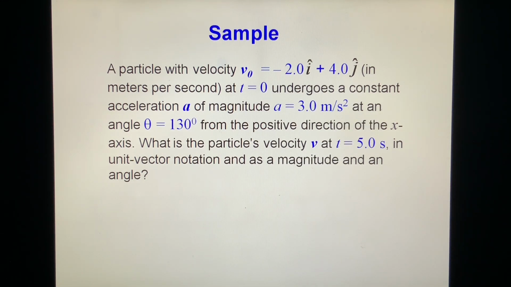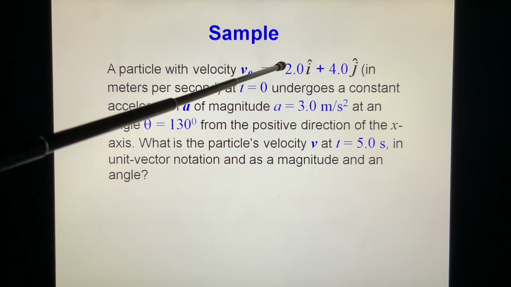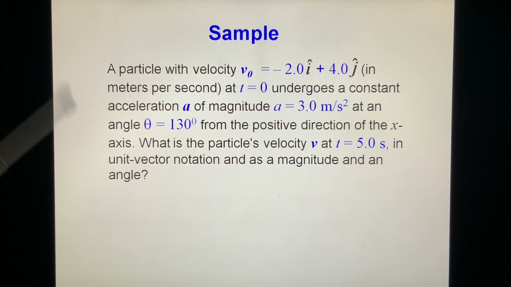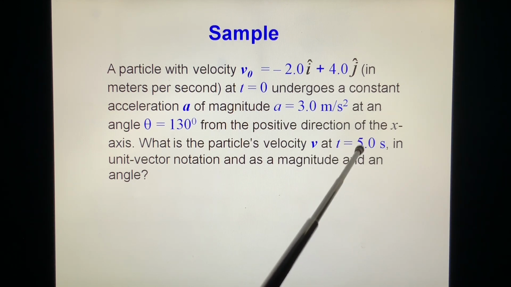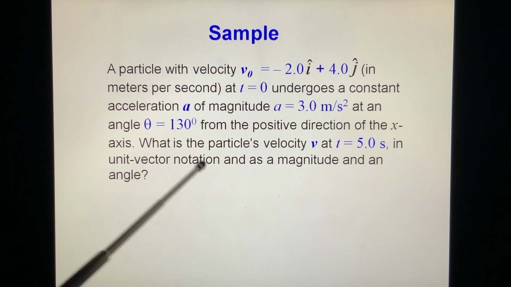Now, the acceleration is constant with magnitude and angle, and v0 is the beginning velocity. What is the particle's velocity v at t = 5.0 seconds in unit vector notation and as a magnitude and as an angle?